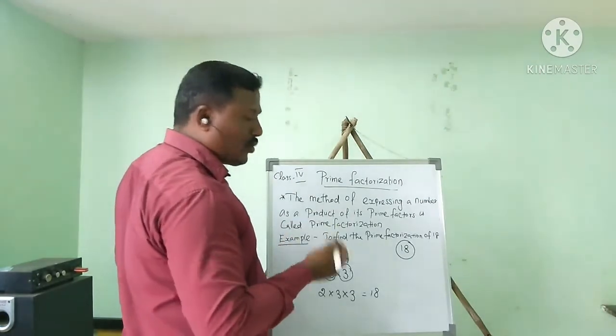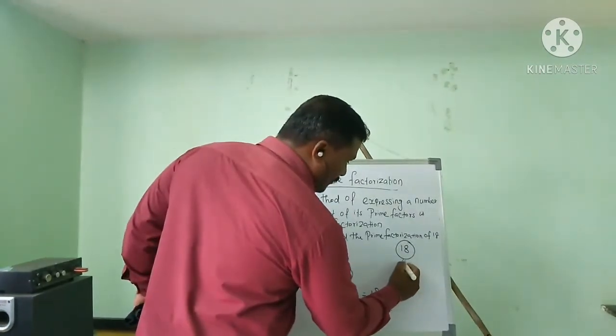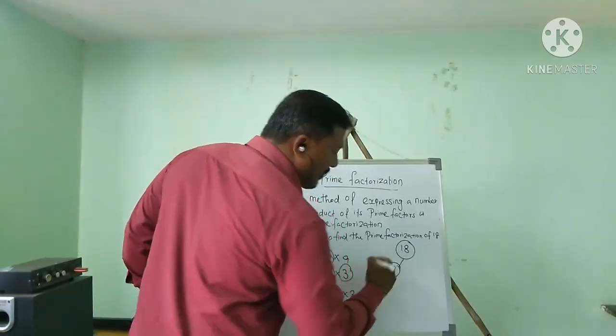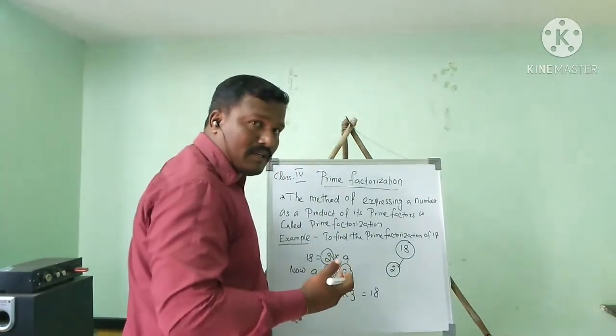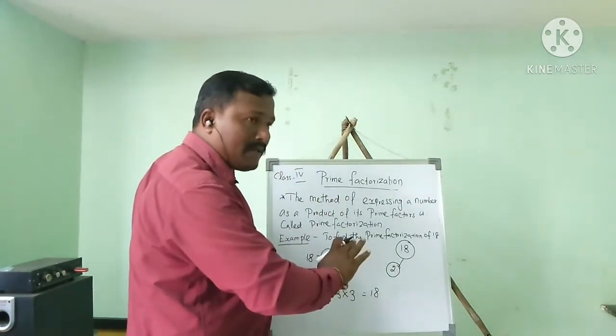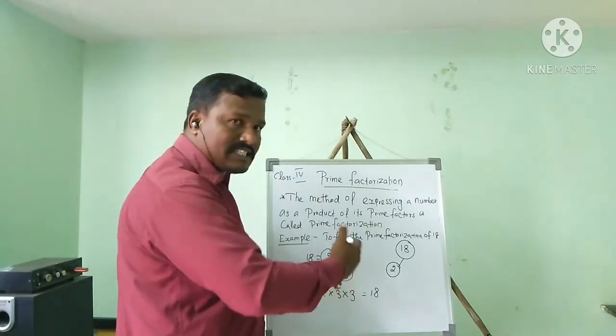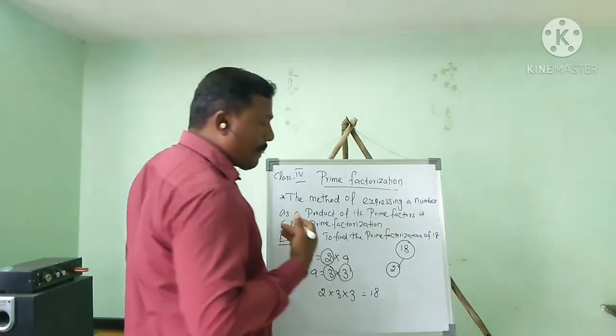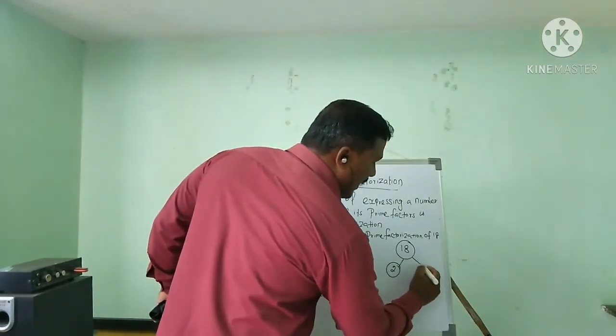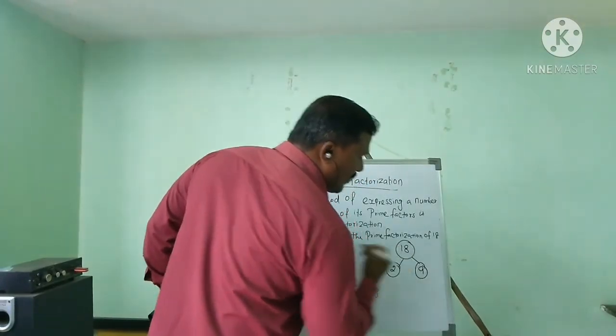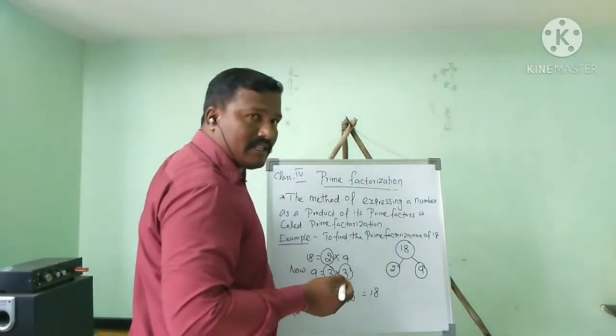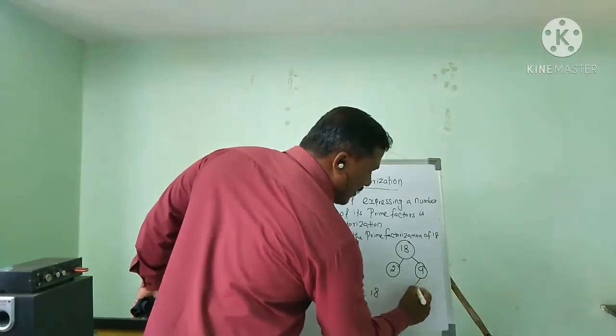So 18, the same method. 2 9s are 18. So 2 I will put this side because I can't divide it further. I will take it down simply. So 9 we can divide further. 3 3s are 9.